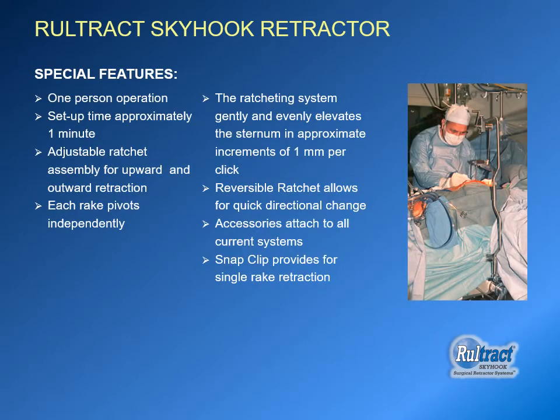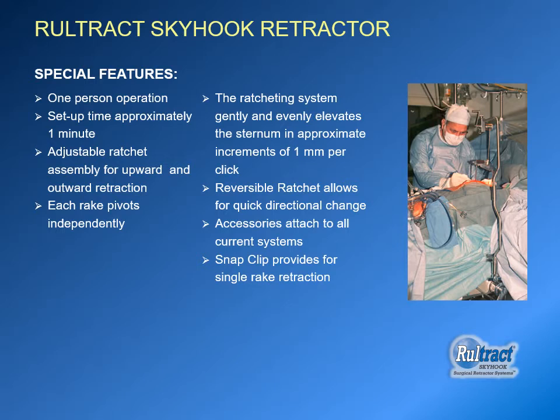Special features of the Rultract are that it is a one-person operation. And once the learning curve has been decimated, so to say, setup time is approximately 1 minute. So one person, 1 minute, so it's very easy to set up.